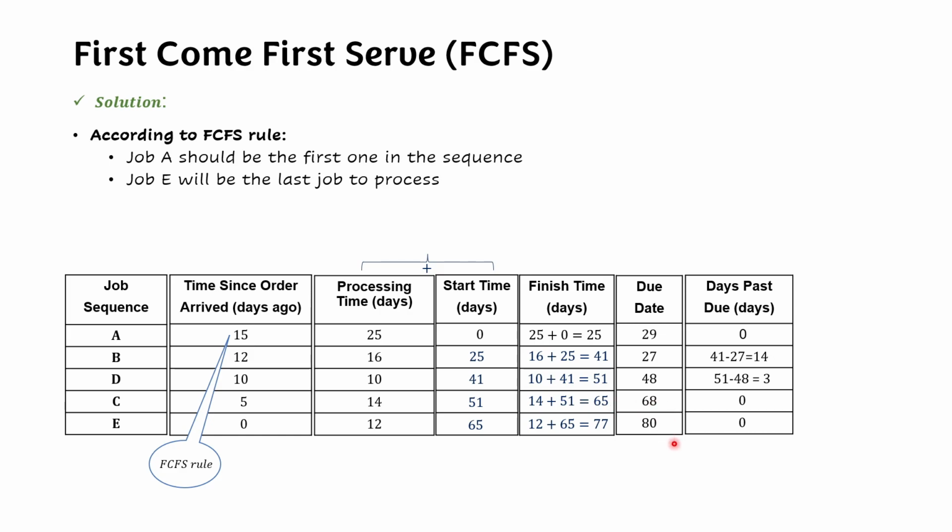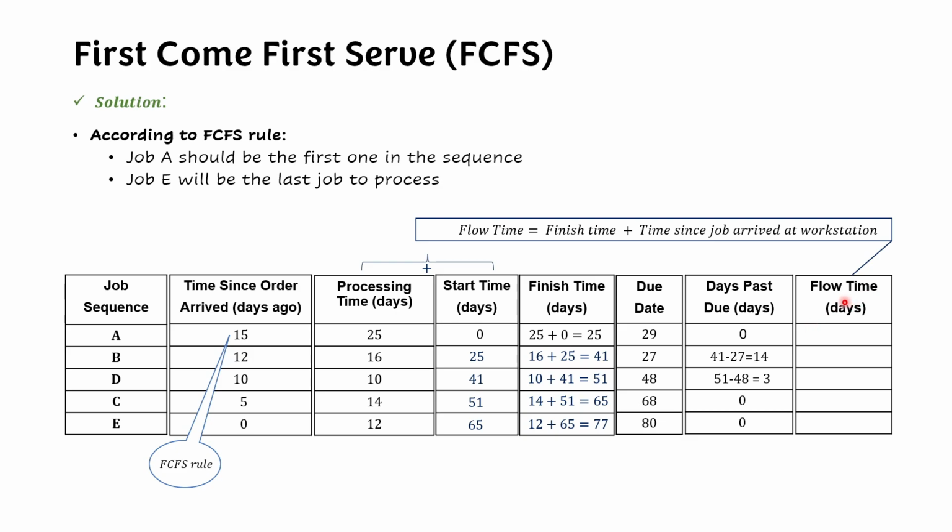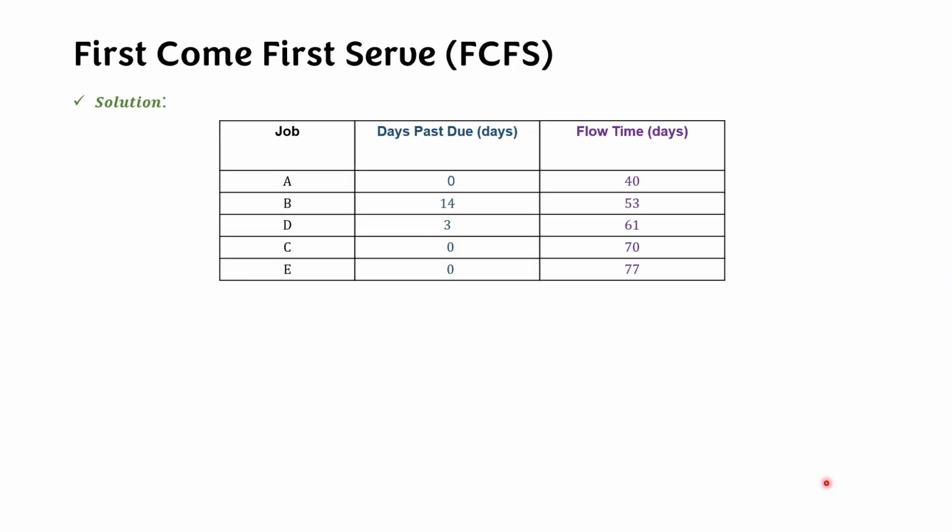Next, we calculate the flow time by adding the finish time and the time since the job arrived at the workstation. So we have the following information for each job in the flow time column. Here we have the information about days past due and flow time for each job from the last slide.